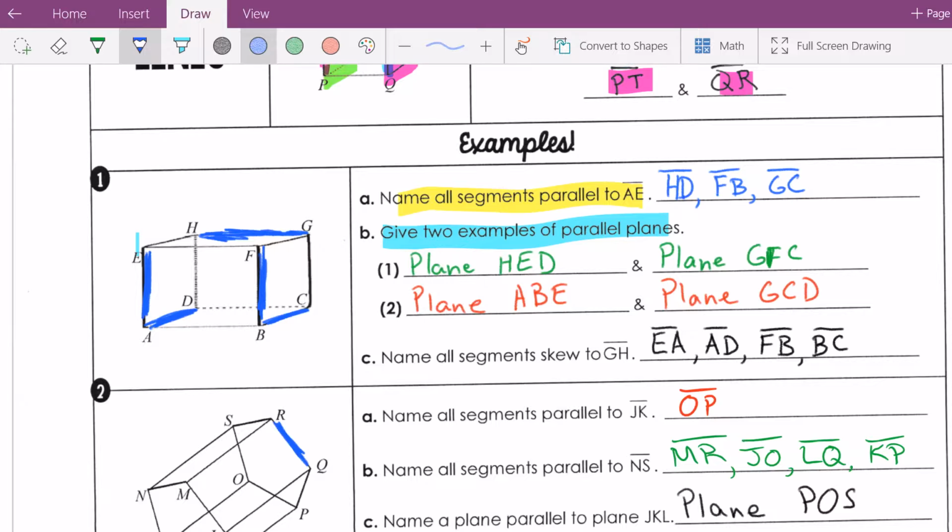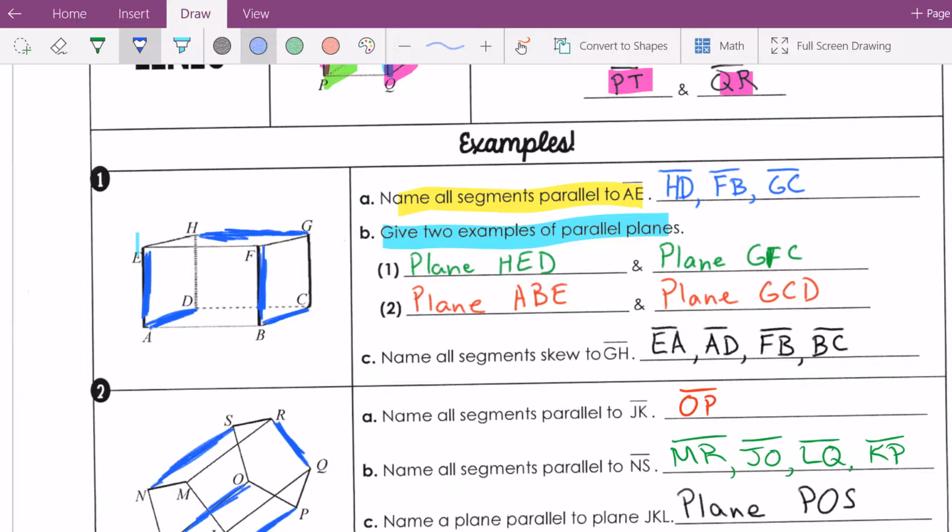Now we have to figure out things that would not be going in the same direction that are not on that pentagon. So we got NS, JO, and KP. We don't have MR because that intersects at R, and LQ because that intersects at Q, so we have those ones.